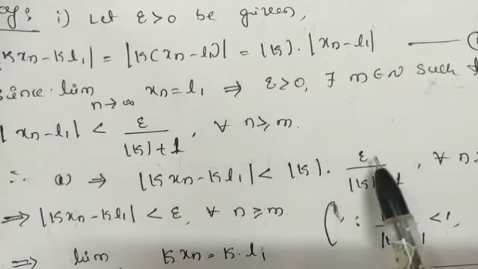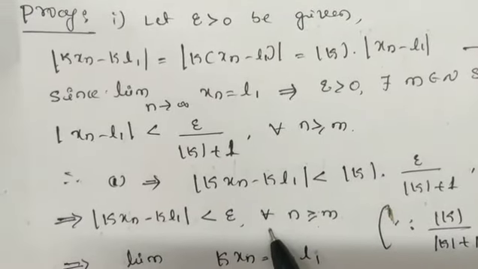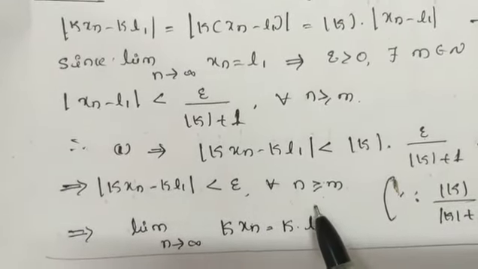If you multiply any number epsilon with a number less than 1, then this is definitely again less than epsilon. So this becomes less than 1 into epsilon, which we can take as epsilon. This is less than epsilon for all n greater than or equal to m.